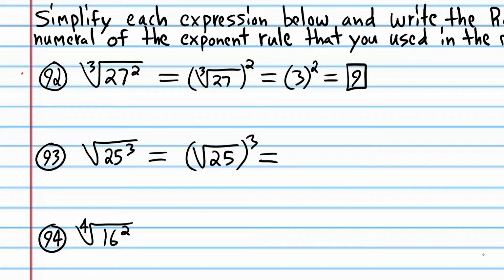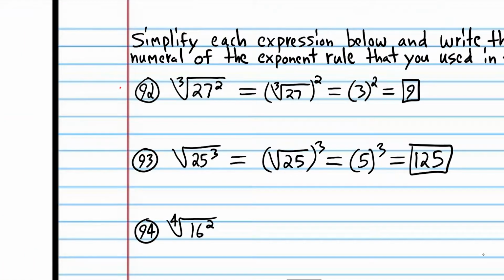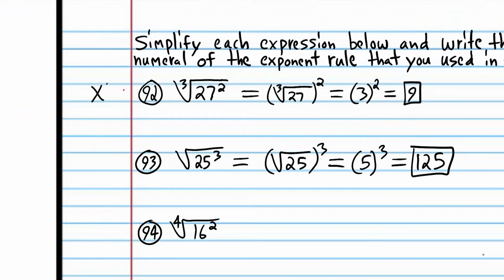That would be a huge number to have to cube. So now we can just find the square root of 25, which is 5, and 5 to the 3rd power. That's a big number, but it's a number we can manage. That's just 125. And by the way, I forgot to put the number of the rule that we're using. This is still rule number 10.